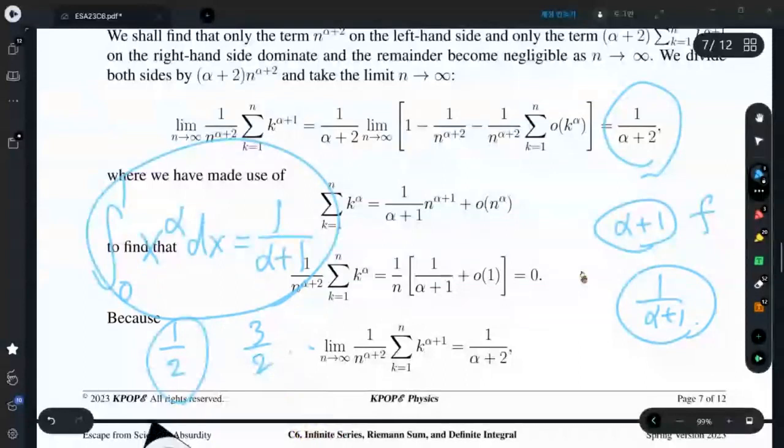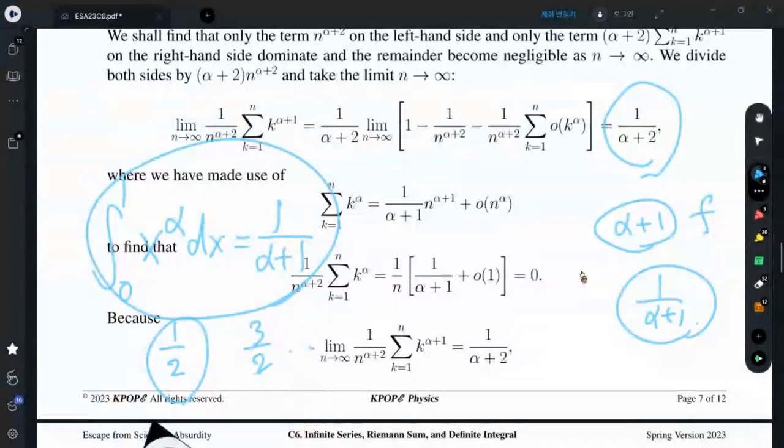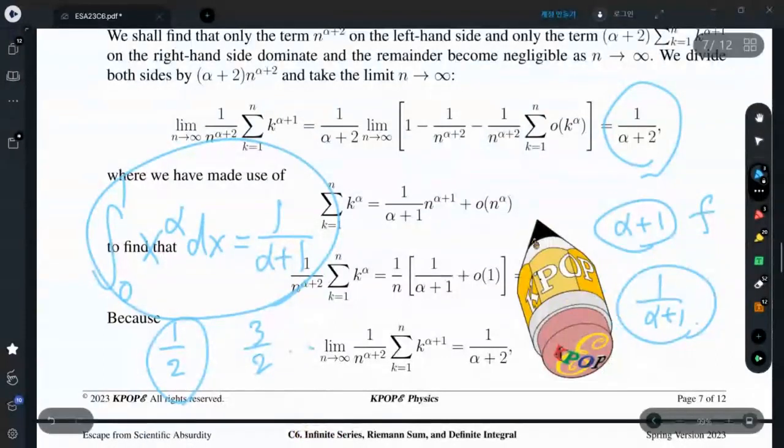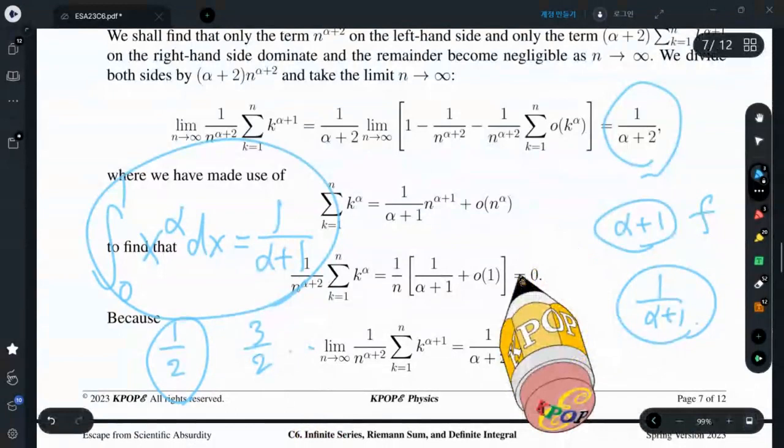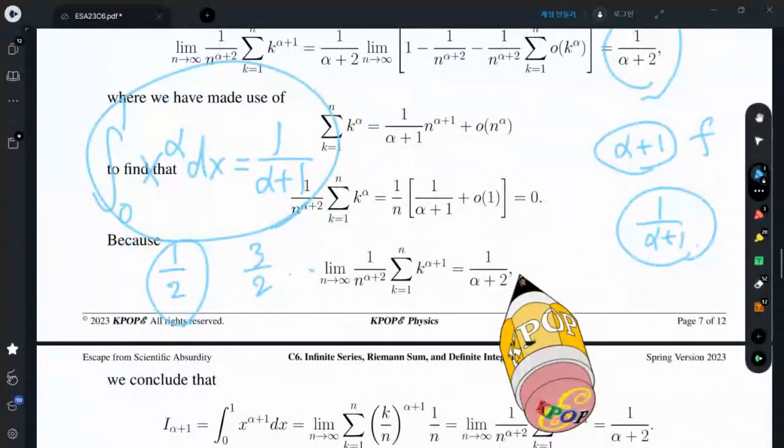This was first obtained by another mathematician, Newton. Okay, so to solve physics problems, what you learn in mathematics class, almost 99% of it, was solved by physicists. Don't forget.